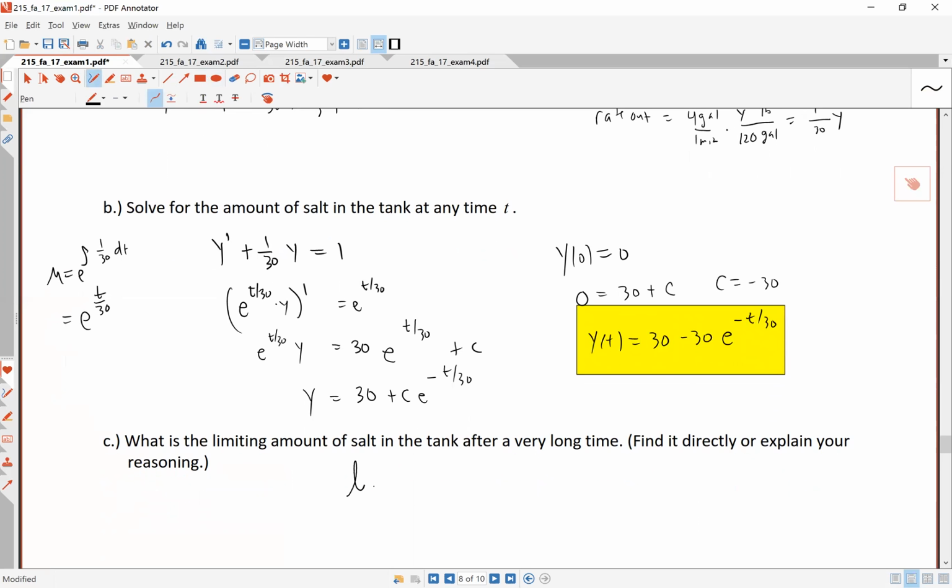So after a very long time, the limit as t approaches infinity of 30 minus 30 e to the negative t over 30 is equal to 30, because the limit as t approaches infinity of e to the negative t over 30 equals 0.